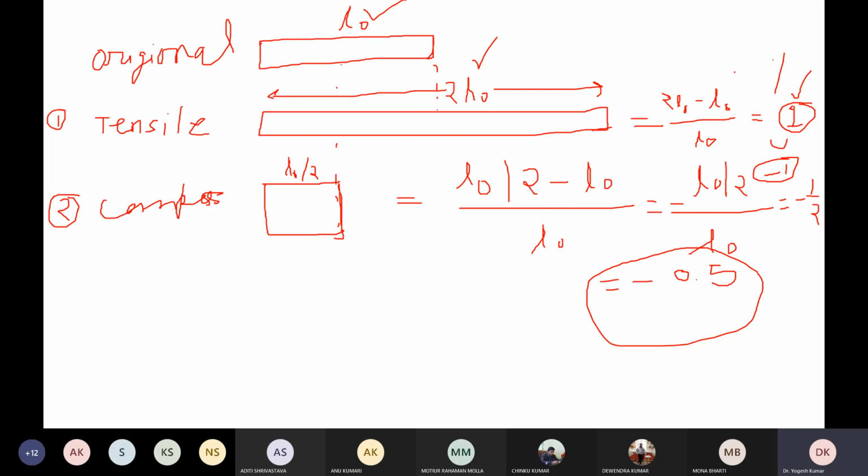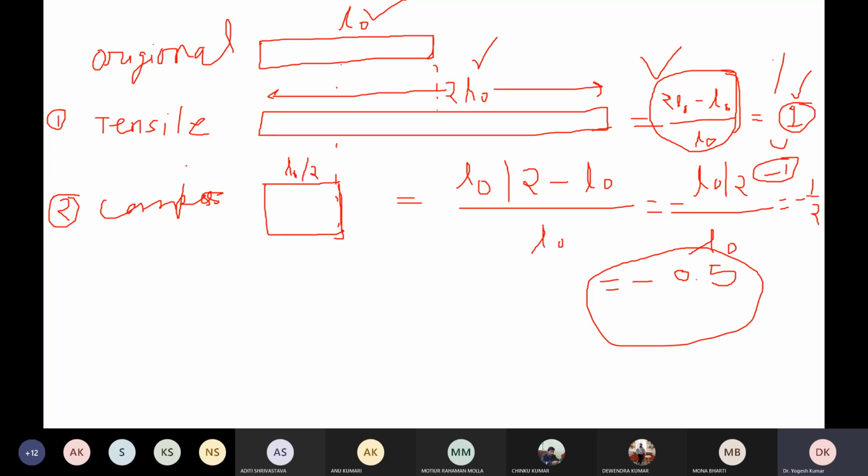So we can see the engineering strain is not a true measure. It cannot measure true strain in the case of tensile and compression. We were expecting that when we give the same length reduction, it should be positive when elongating and negative when compressing.